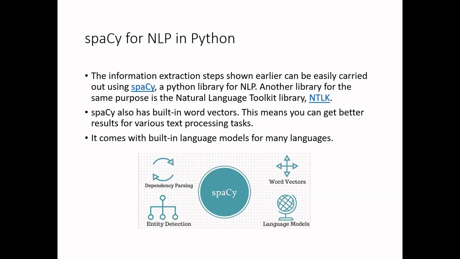So this library, as well as a couple of other open source places, come with built-in word vectors for different terms. That means you can use this library, pick up the word vectors for different words that you're interested in, and use them for your work. So that's a big advantage. And also, as I mentioned, it comes with built-in language models for many languages, so you can use it for multiple languages.